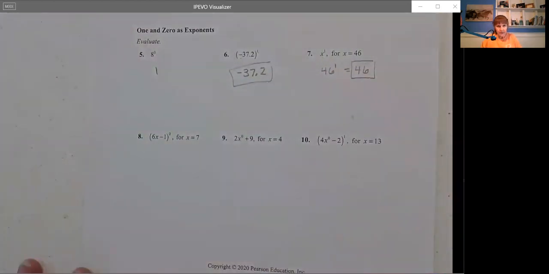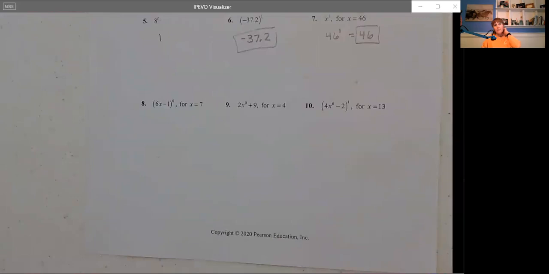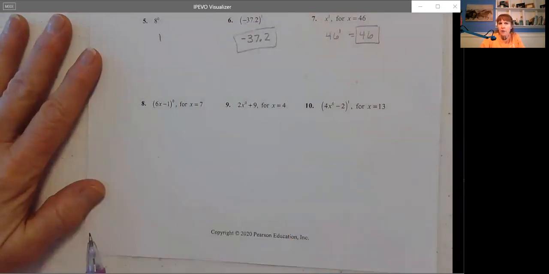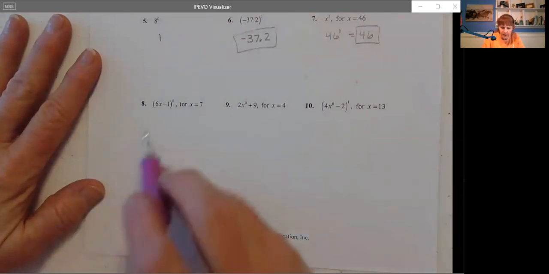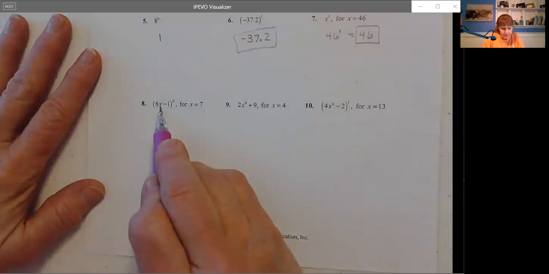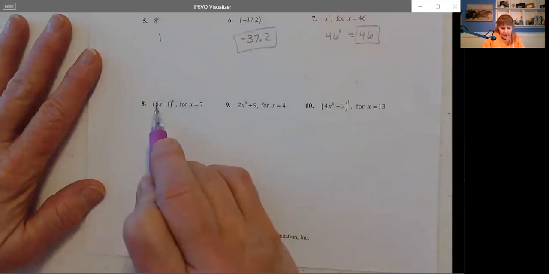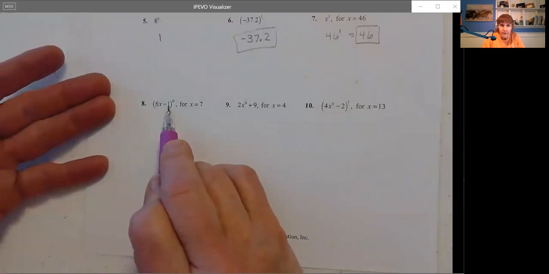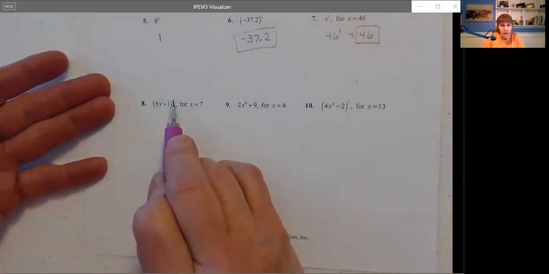All right, let's look at number 8. Now if you look at number 8 before you get started, you see that I have what's in the parentheses to a 0 power. So is it really necessary to take 6 times 7, because x is 7, 6 times 7 is 42, minus 1 is 41 to the 0?